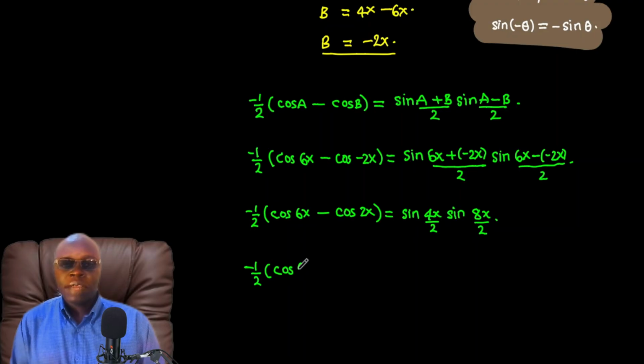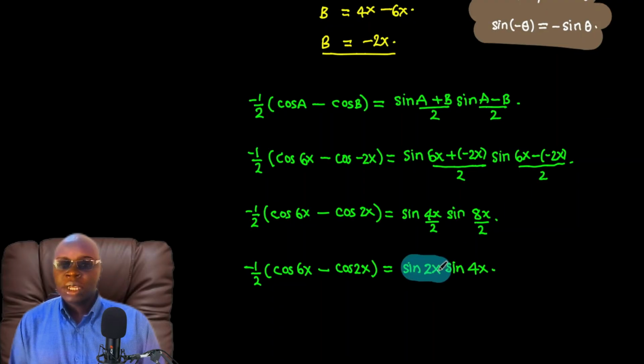So the left hand side we simply copy, and we have here minus cos 3x. So this time we have sine of 2x times sine of 4x.